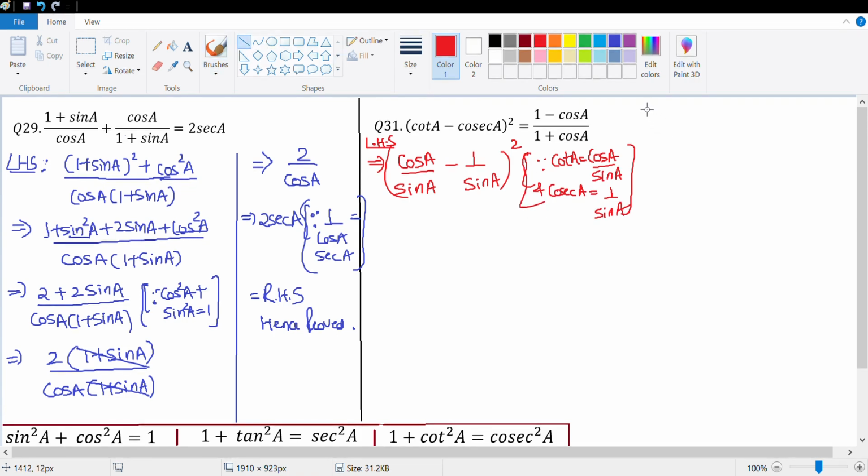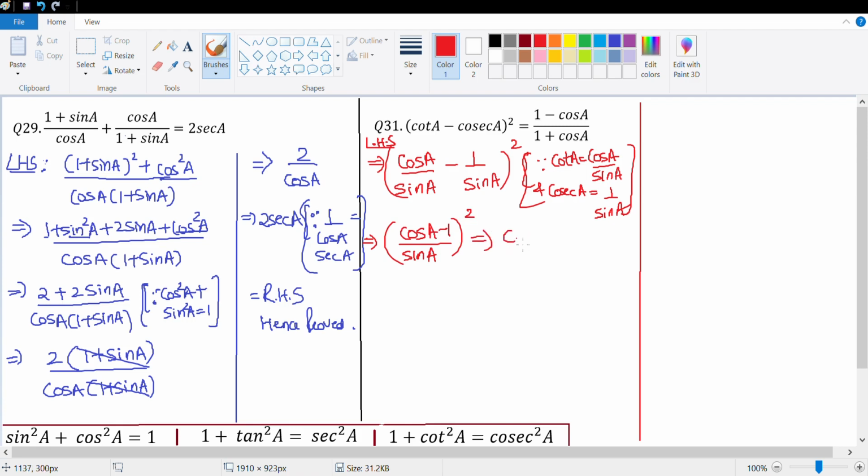Next, let's see if I can add and see what this helps me get. So if I add this, sin A is the denominator, the LCM, and the numerator becomes (cos A minus 1) whole square.